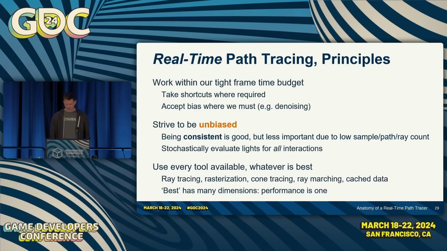Performance is, of course, a very important one that will weigh heavily in our decisions. But best can also include a lot of other things, like the code complexity of the implementation, compatibility with existing rendering systems, content compatibility too, and best can change based on the game you're making, the engine that you're working within, the hardware you're targeting, and maybe even more importantly, time. Because one day, hopefully, we might just have GPUs that are faster than a 4090.